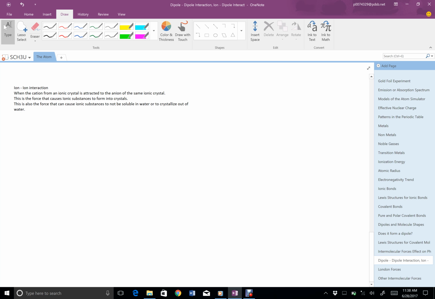Finally, ion-ion interaction. So, again, when we have our sodium chloride crystal, the reason that this is a hard, high melting point solid substance is because each one of these ions is electrostatically attracted to the other ions in the crystal.